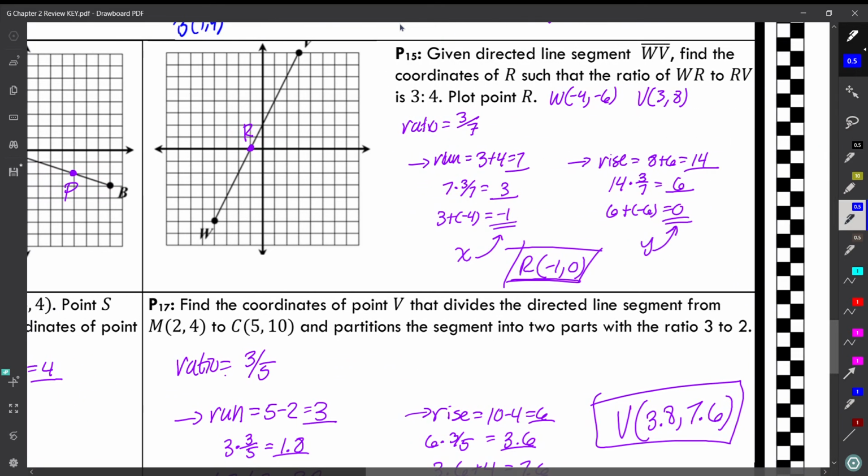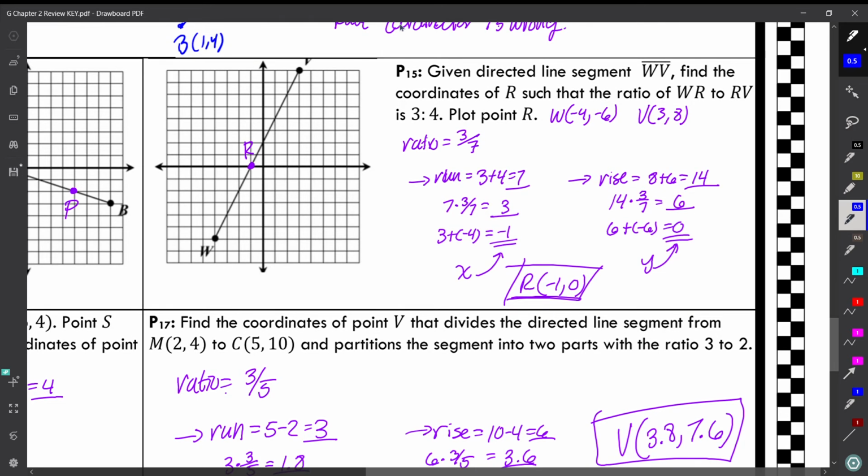Moving on to number 15, we're given the directed line segment WV. We want to find the coordinates of R such that the ratio of WR to RV is 3 to 4. Plot the point R. This is a part-to-part ratio, because WV is nowhere to be found in there. W has coordinates (-4, -6). V has coordinates (3, 8).